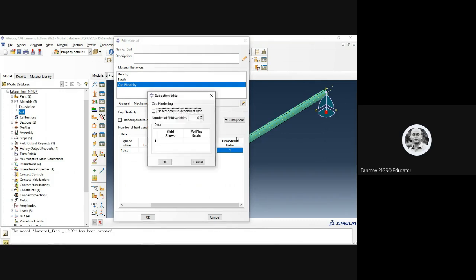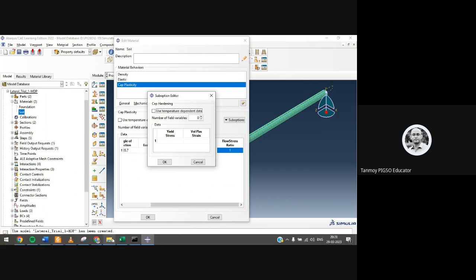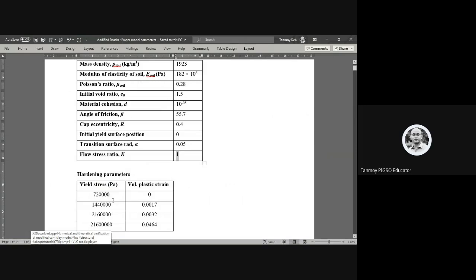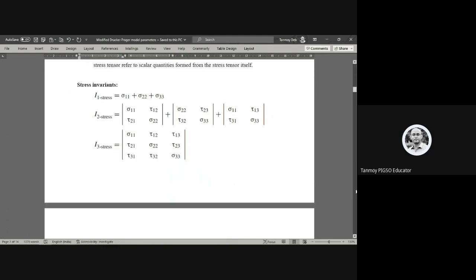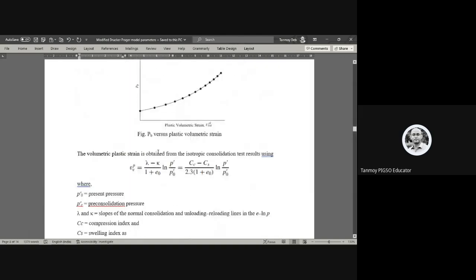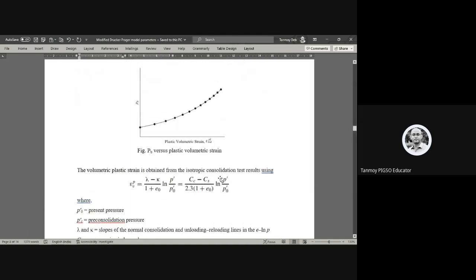Now I have to define the hardening parameters. These are calculated based on the slopes, kappa, lambda, and all. We have these values directly. Otherwise, if you want to calculate based on experiment, it can be calculated from this equation also.